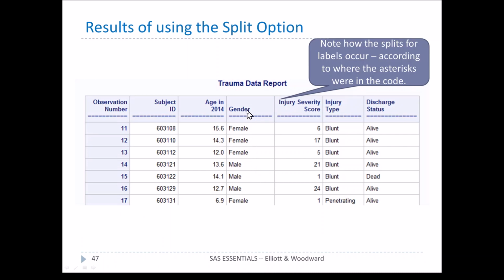If the data in the column is text, like gender, it's going to left justify both the name and the data. So in this case, this subject ID is considered a number. We most likely wouldn't want it to be a number, but no harm right here. But we can tell the difference between a number and a character column by how SAS formats it.